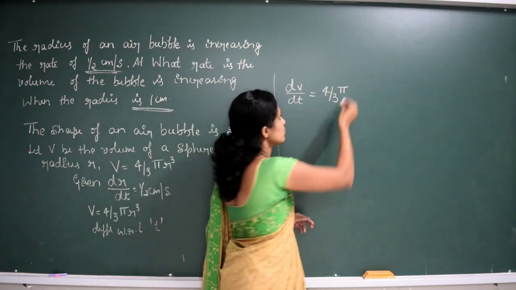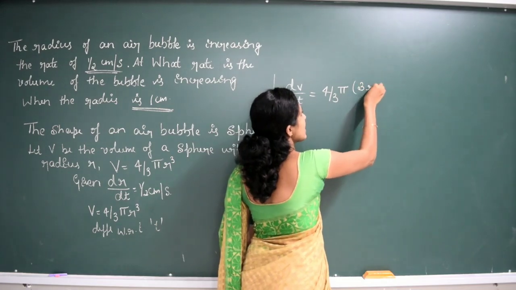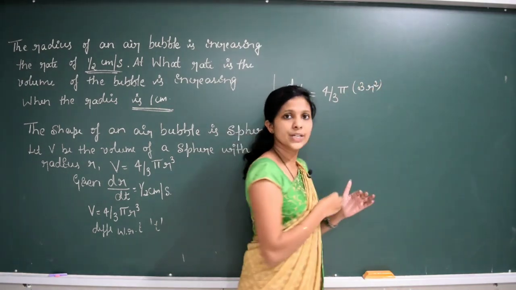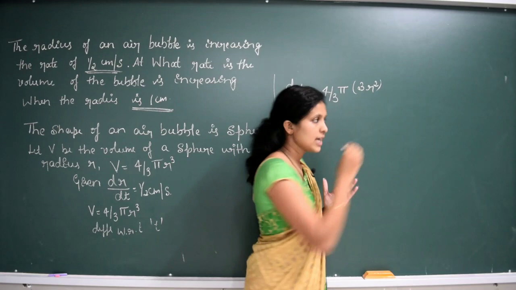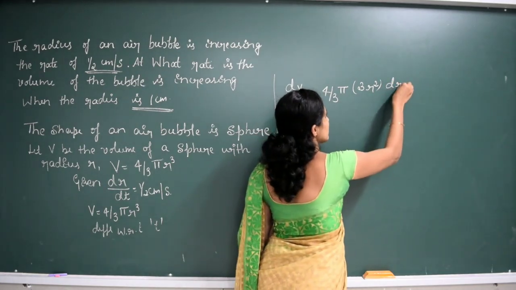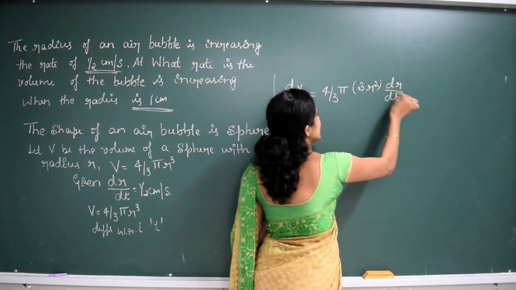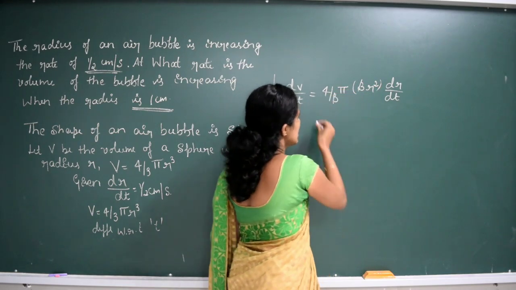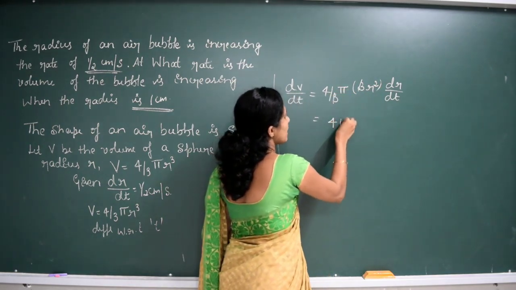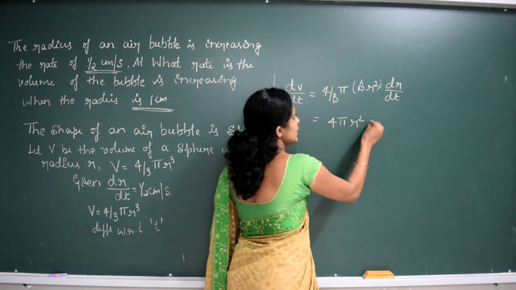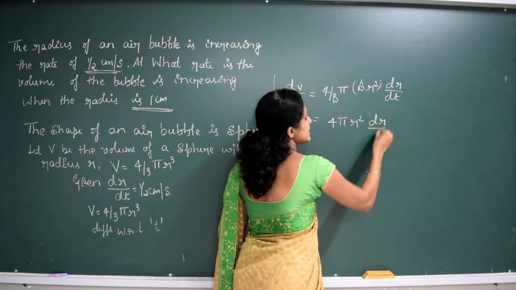Derivative of r cube will be 3r square, and we are differentiating with respect to t, so derivative of r with respect to t will be dr by dt. So you can cancel 3 and 3. So this is equal to 4 pi r square into dr by dt.